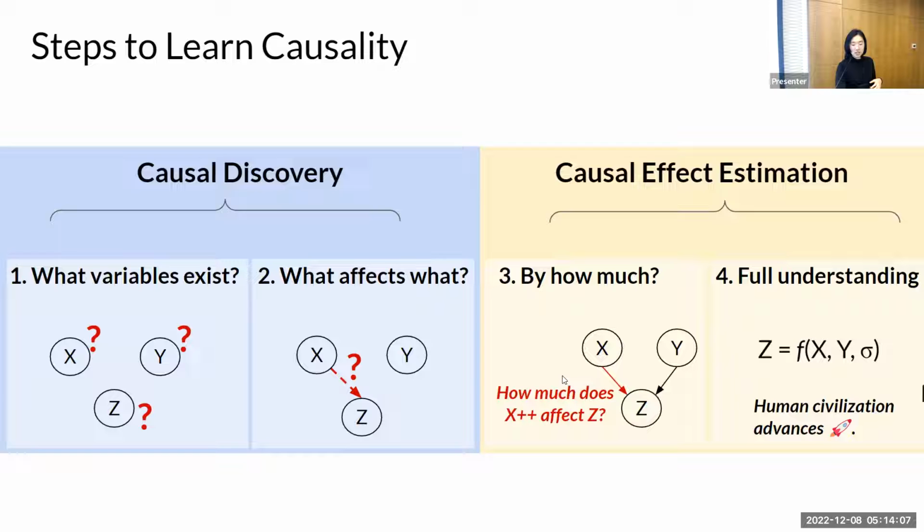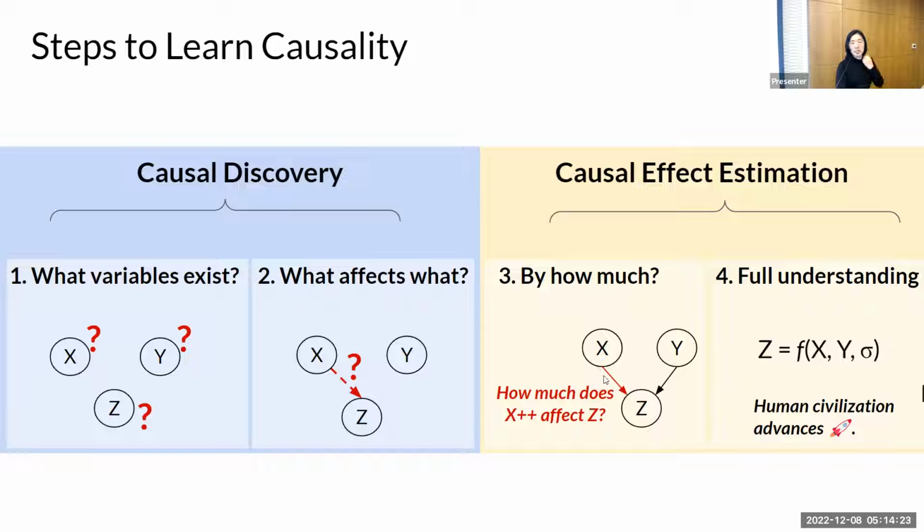Then after we know the causal graph, people might be interested in the properties of each edge. Some of the properties would be, if I change X by 1, how does that affect Z?